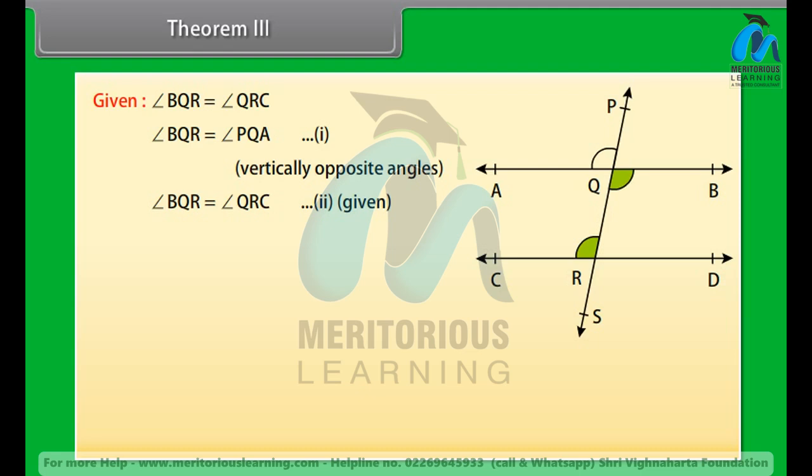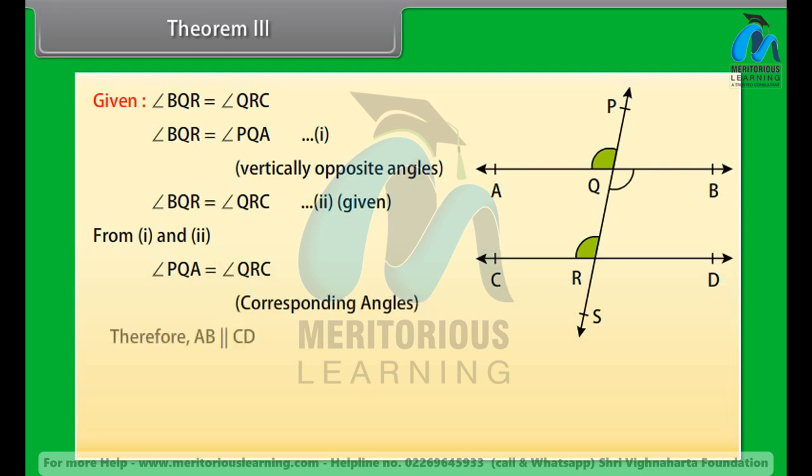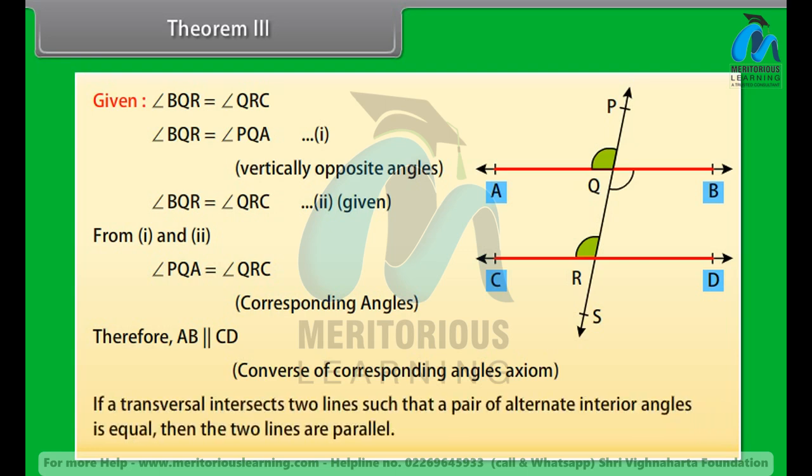Mark it as 2. So, from 1 and 2, you may conclude that angle PQA is equal to angle QRC. But they are corresponding angles, so AB is parallel to CD, converse of corresponding angles axiom. This result can be stated as a theorem, which is, if a transversal intersects two lines such that a pair of alternate interior angles is equal, then the two lines are parallel.